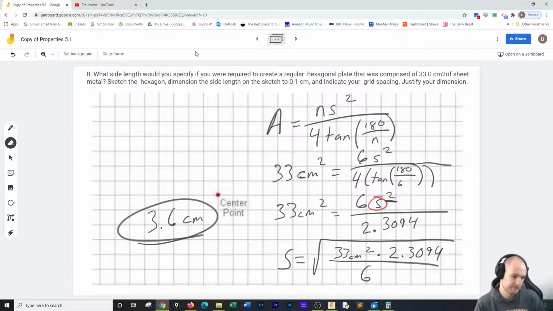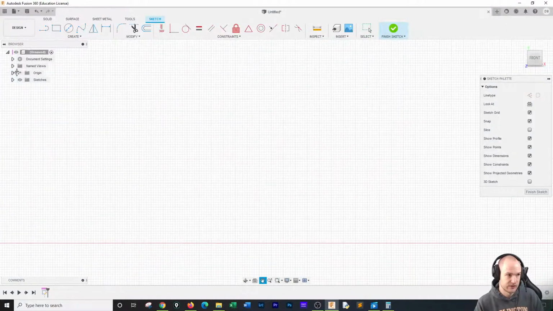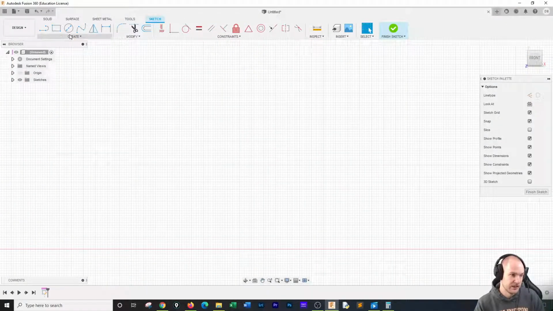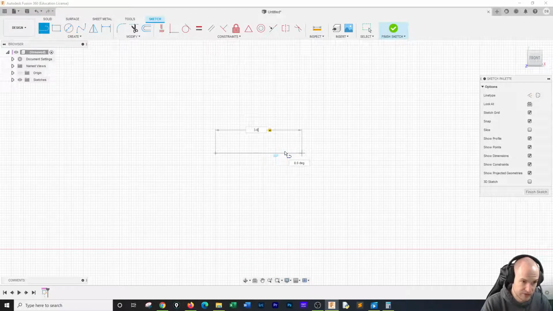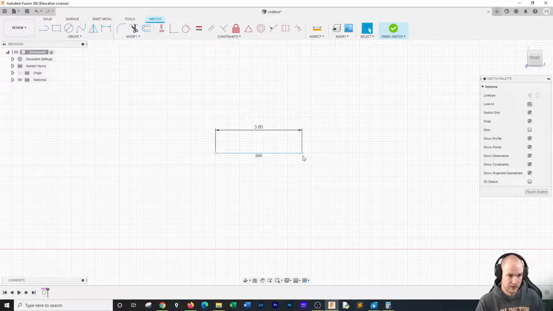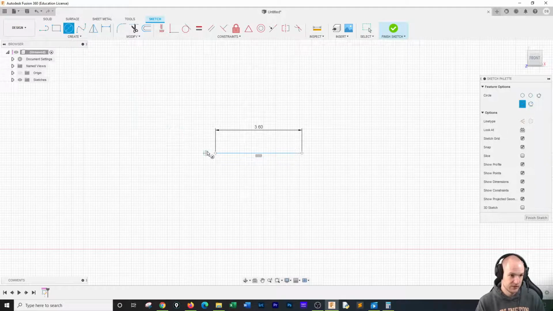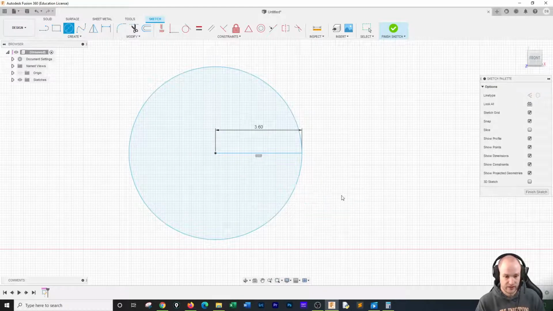Now, in terms of drawing it, if you have a compass, so let's go back into Fusion 360. If you have a compass, there's some cool things about hexagons if they're equilateral like this that you should know. So like, if I just made a midpoint and I went out 3.6 centimeters, this length is going to be the same as the radius of the circle the hexagon was in.